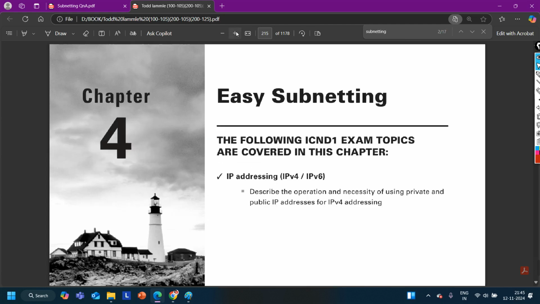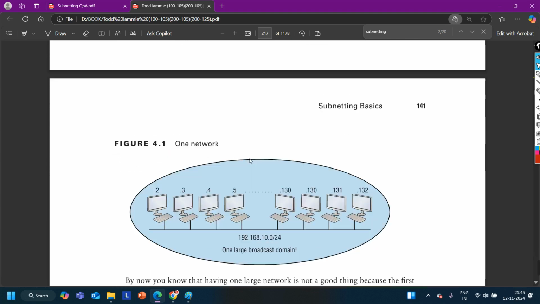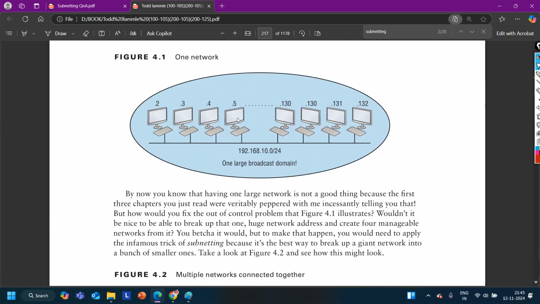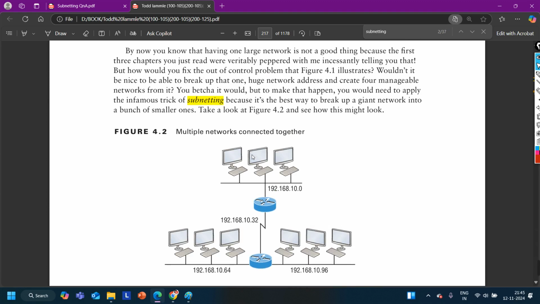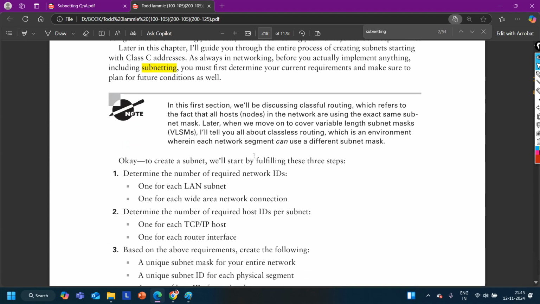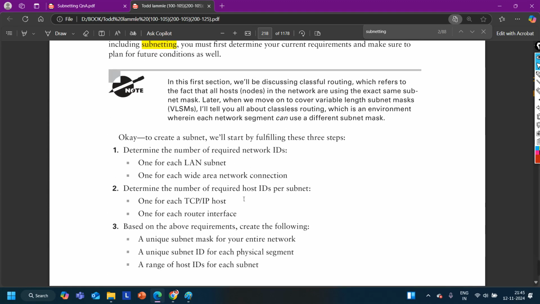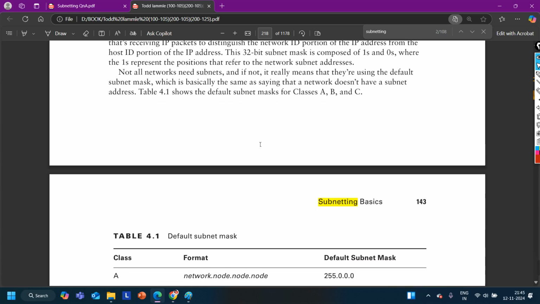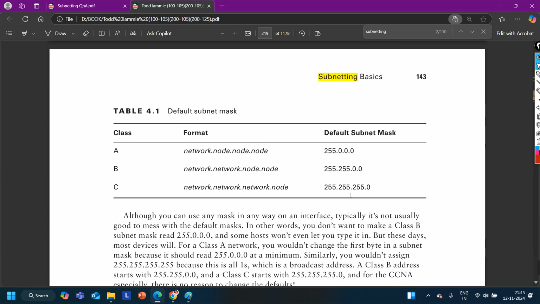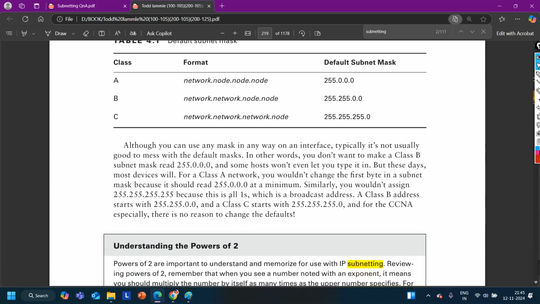So you can read about subnetting, like what is the benefit of dividing a large network into smaller networks, then the default one LAN for each subnet. Then this is the default notation.